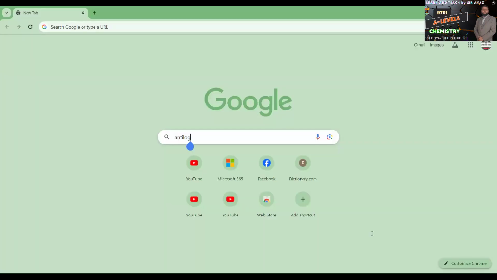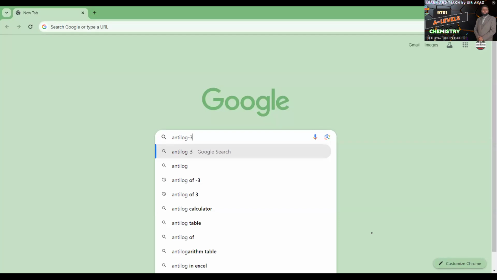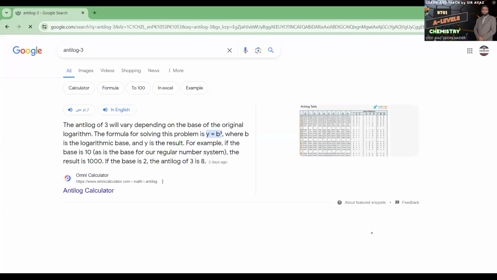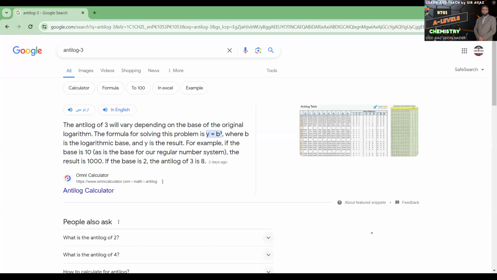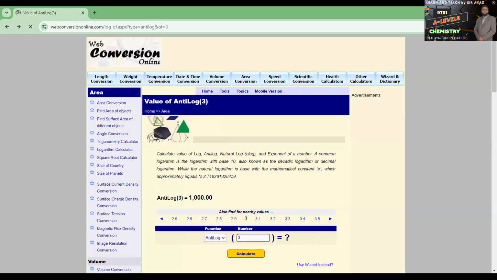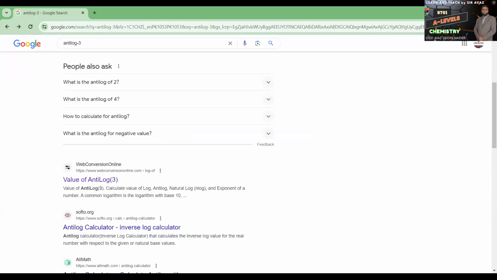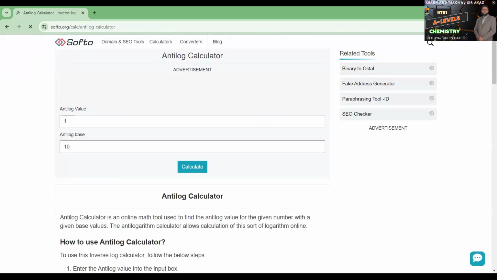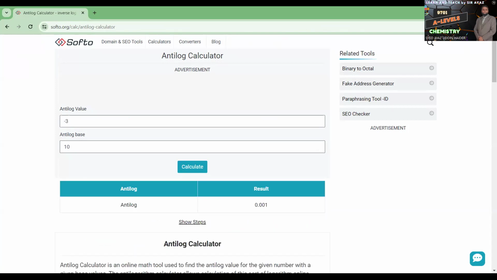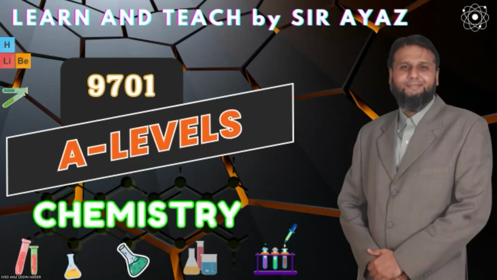Antilog of -3, calculate. 0.001 is the answer.